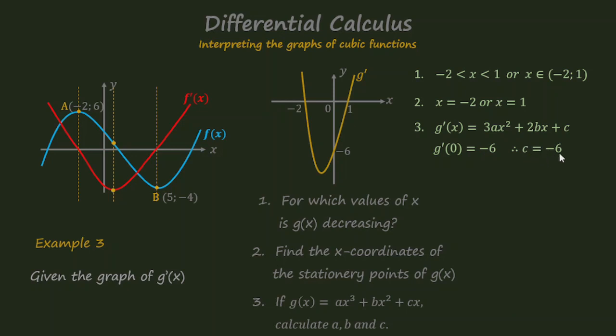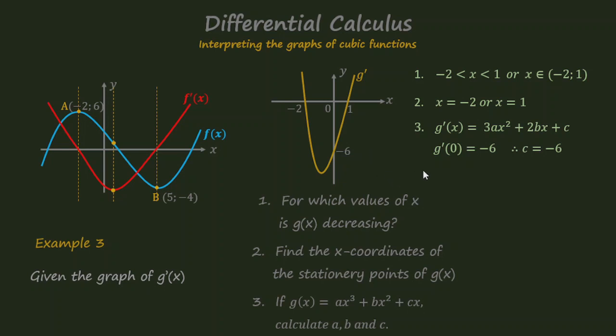Therefore, c is -6. Most of the problems that require you to find some variable a, b, or c will end up leading you to solve two simultaneous equations. You will have to use the knowledge that you have of the derivative or the function to come up with at least two equations that you can solve simultaneously.